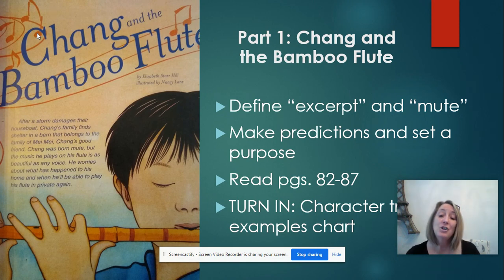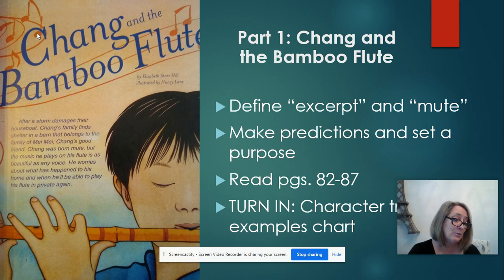Chang and the Bamboo Flute, written by Elizabeth Starhill and illustrated by Nancy Lane. After a storm damages their houseboat, Chang's family finds shelter in a barn that belongs to the family of Mei Mei, Chang's good friend.